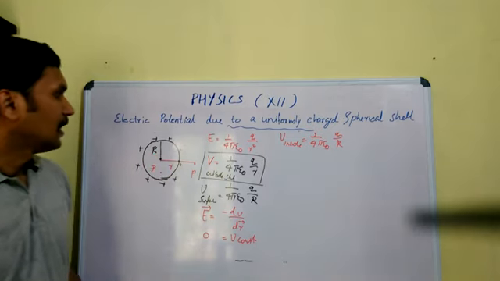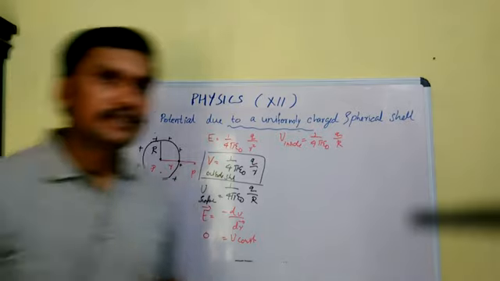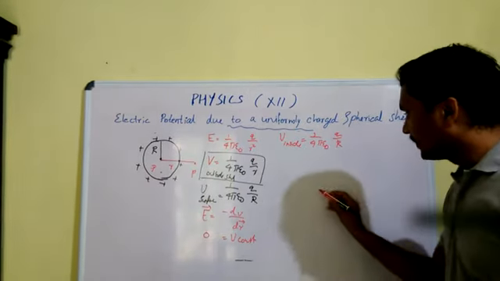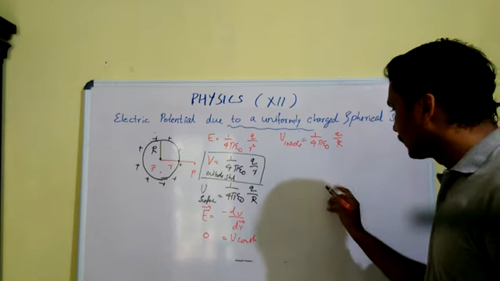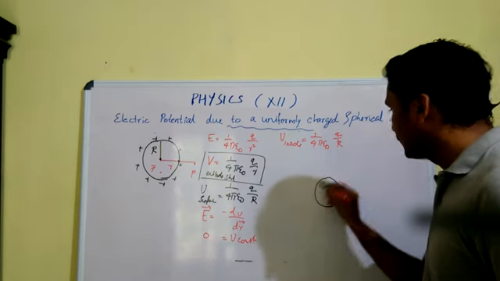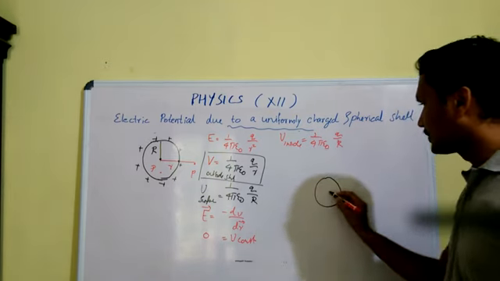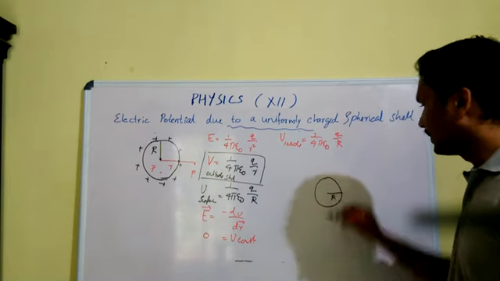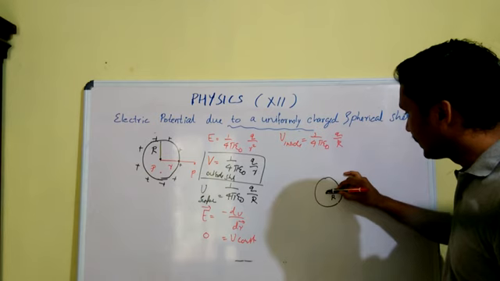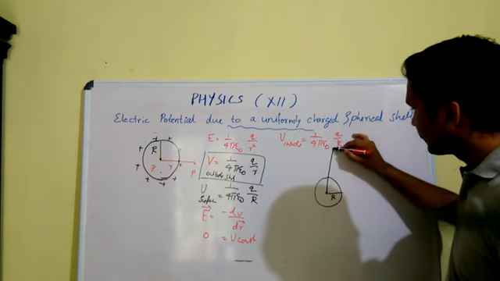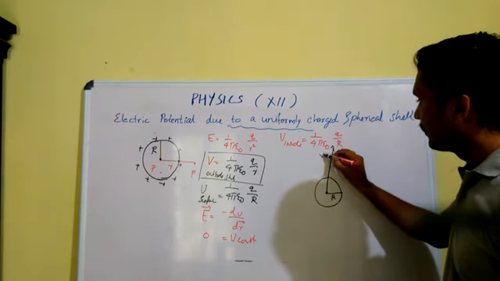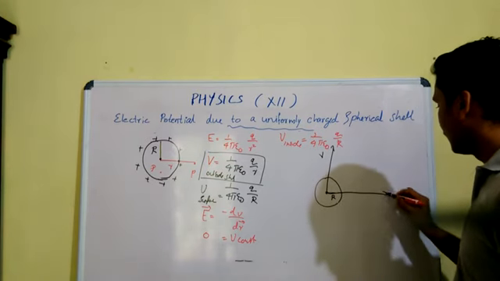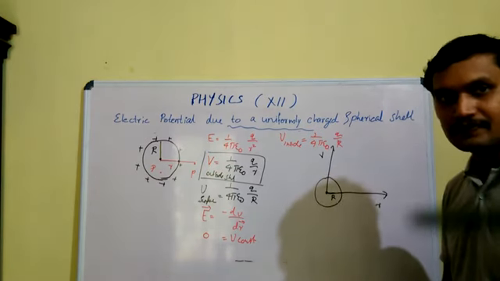Now let us see how potential varies with the distance from the center. If you are plotting a graph of how potential varies with distance, this is our spherical shell of radius capital R, this is the center, and on this axis we are taking the potential, and on this axis the distance from the center.